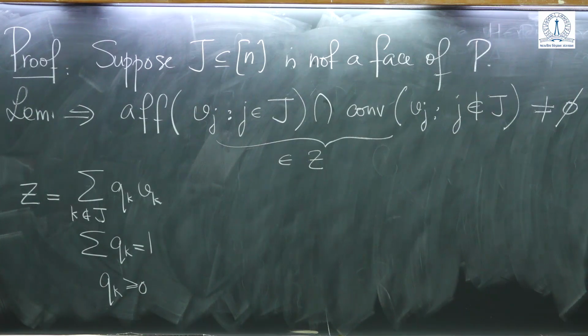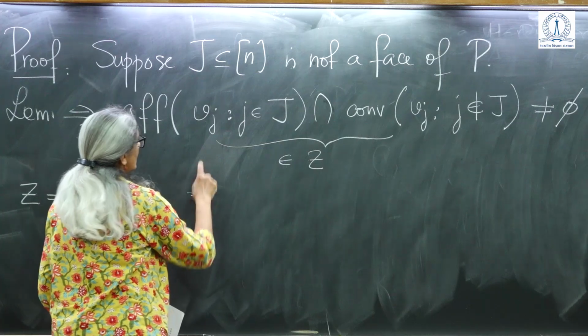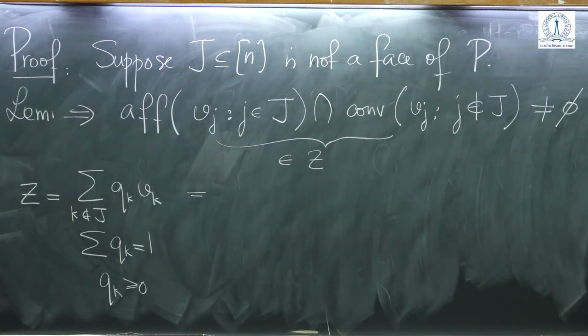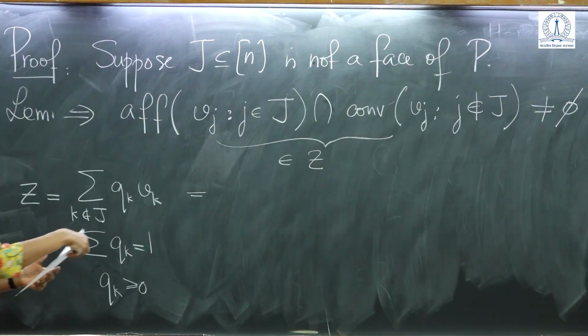So I have Z is the sum of QK VK, where K is outside of big J, the sum of the multipliers is 1, and the QKs are non-negative. Good? But this is also equal to something in the affine span of the Vj's where j is in J, right? So let's also write it like that.